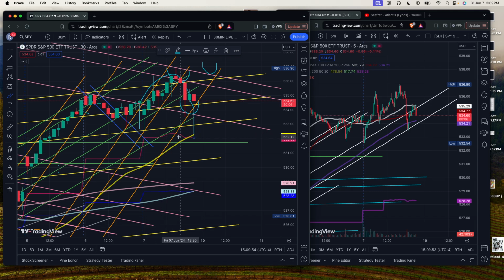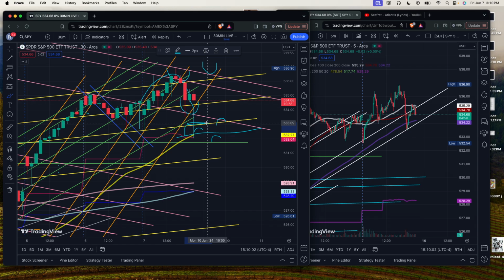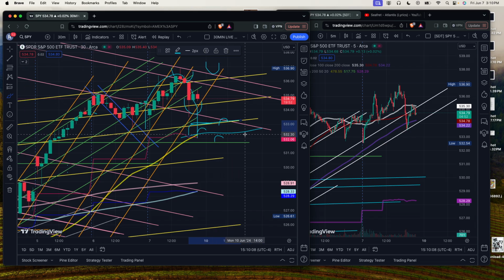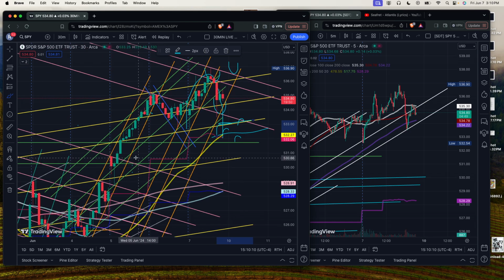Then we're gonna have a microstructure off of 5 day and use the 5 day as resistance. So tomorrow on Monday, hopefully 5 day comes at the 533 level and we bounce off the 5 day as resistance if we're headed down. And then close this big inverse cup that we've been looking at basically since Wednesday.